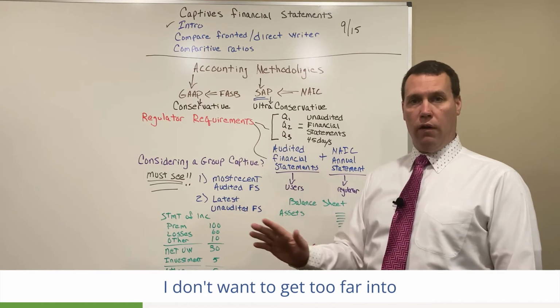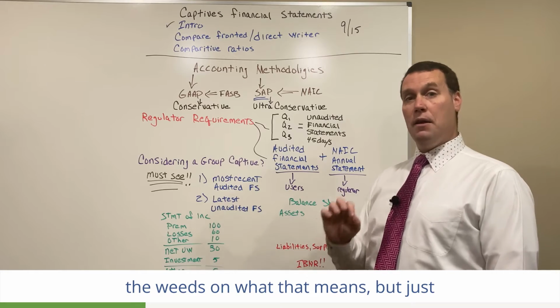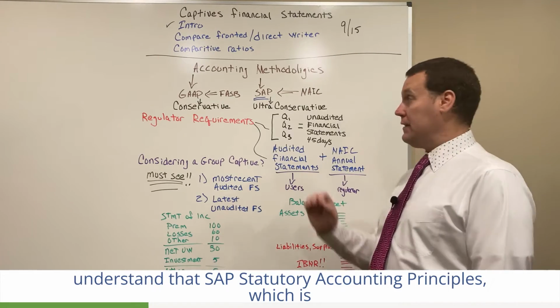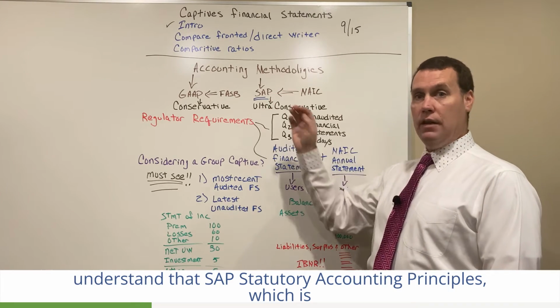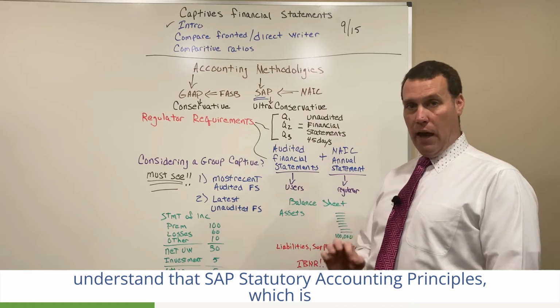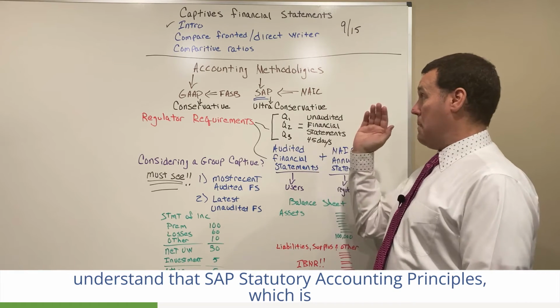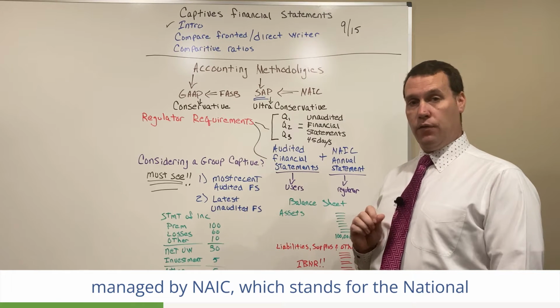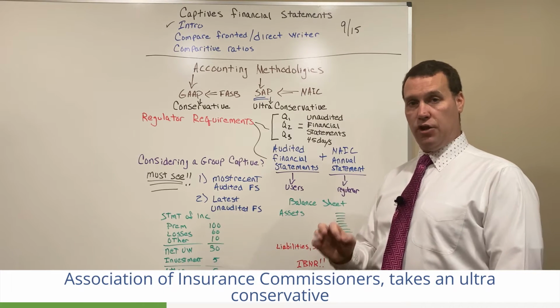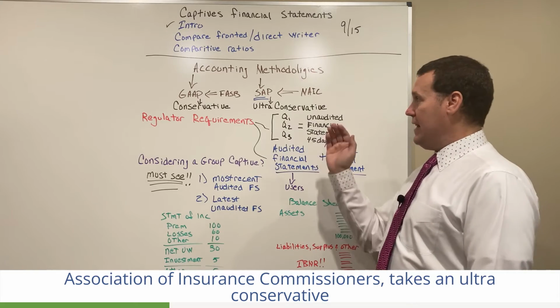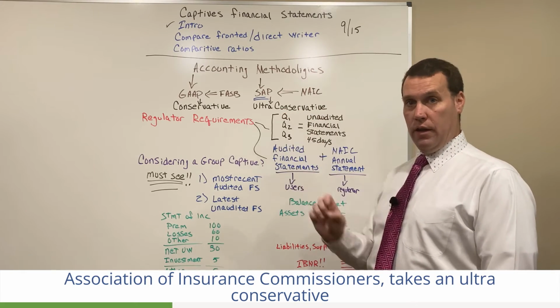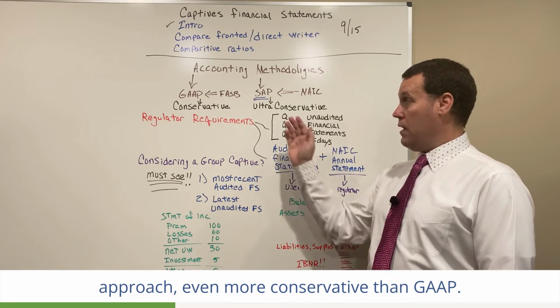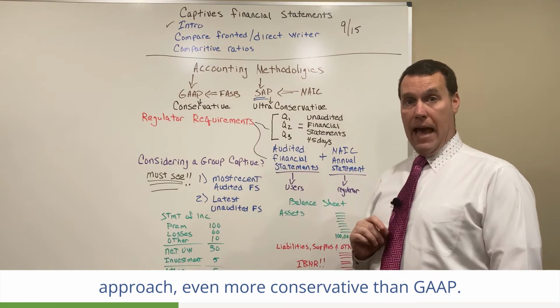And I don't want to get too far into the weeds on what that means, but just understand that SAP, Statutory Accounting Principles, which is managed by NAIC, which stands for the National Association of Insurance Commissioners, takes an ultra conservative approach, even more conservative than GAAP.